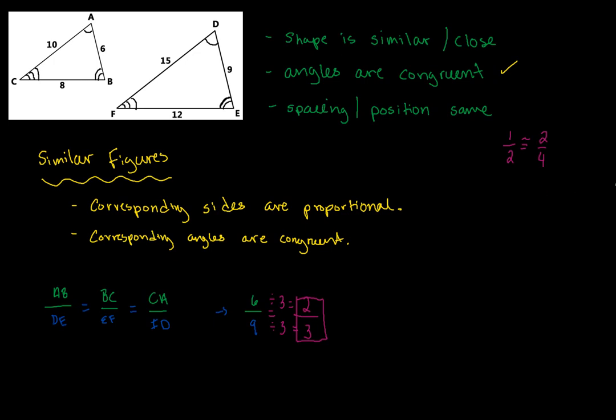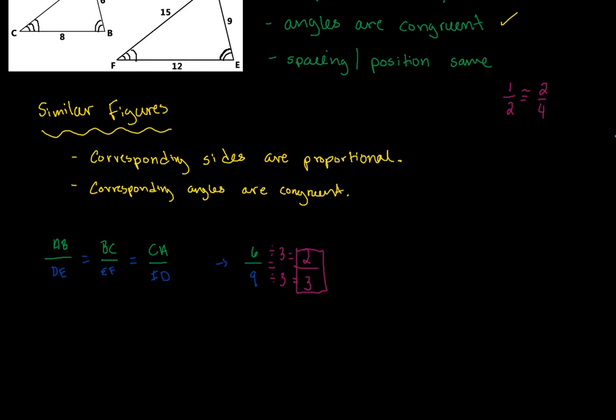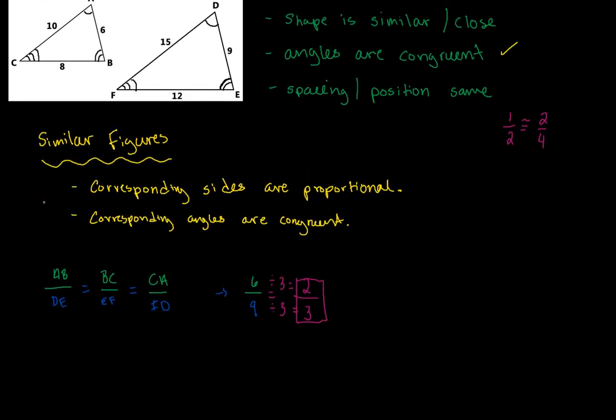Now, if we decide to do that with the rest of these, let's do BC over EF. Side BC was 8. So let's just put that over here. Let's do 8, and we're going to put that over that corresponding side of EF, which was 12. And let's try to find a similar fraction for 8 over 12.